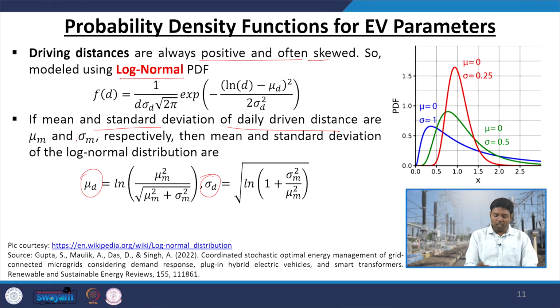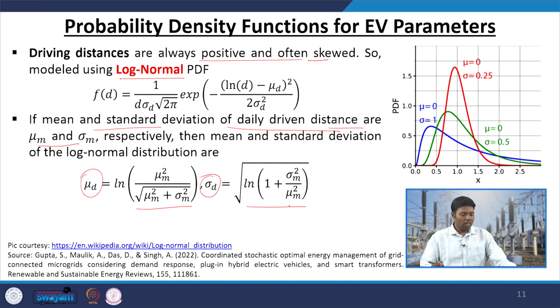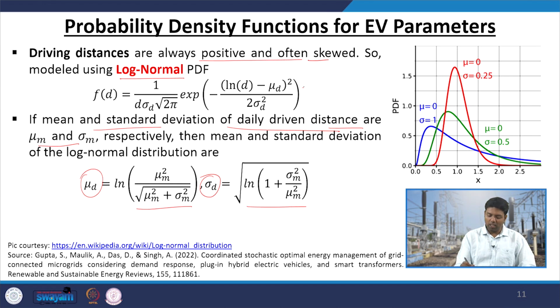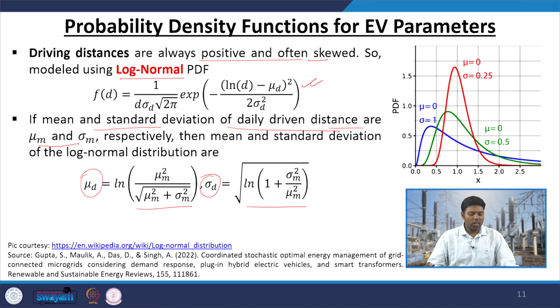They are calculated from the daily driven distance mean and standard deviation using this log normal formulation. You will get your mu d and sigma d, then put them here and fit into a log normal PDF for getting the uncertainty in the distance travelled by an electric car.